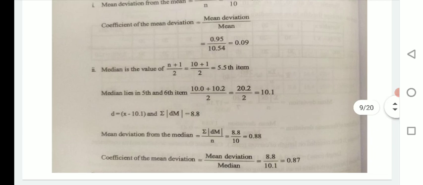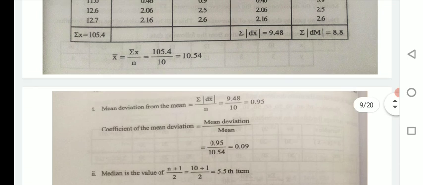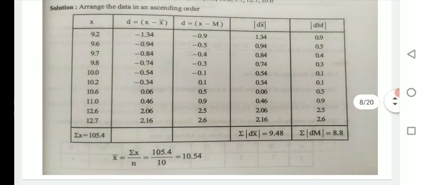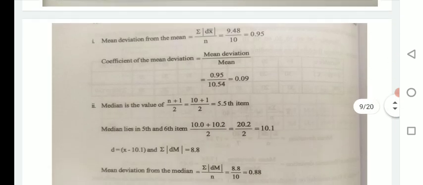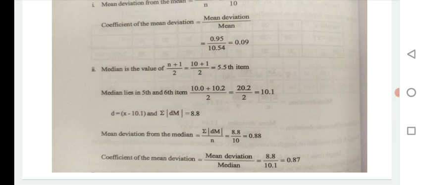Similarly, we have to find out the median. In the previous slide you can see the column of m. So m is nothing but the midpoint. You have to calculate dm, that is the deviation from the midpoint, and you have already studied how to calculate the midpoint. In this way you can find the mean deviation as well as the coefficient of mean deviation.